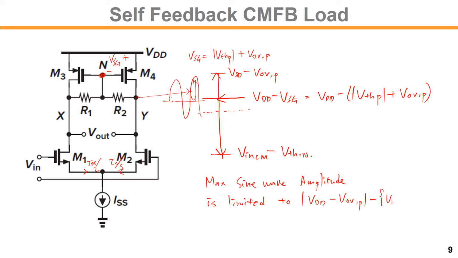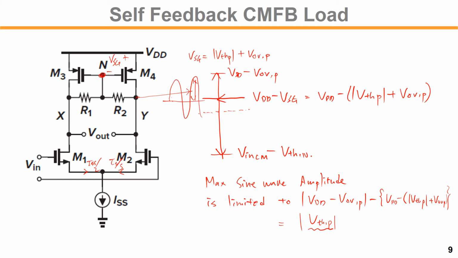If you calculate VDD minus VTHP plus the overdrive voltage, that cancels out to VTHP. So the output swing without distortion can go up by VTHP and down by VTHP.